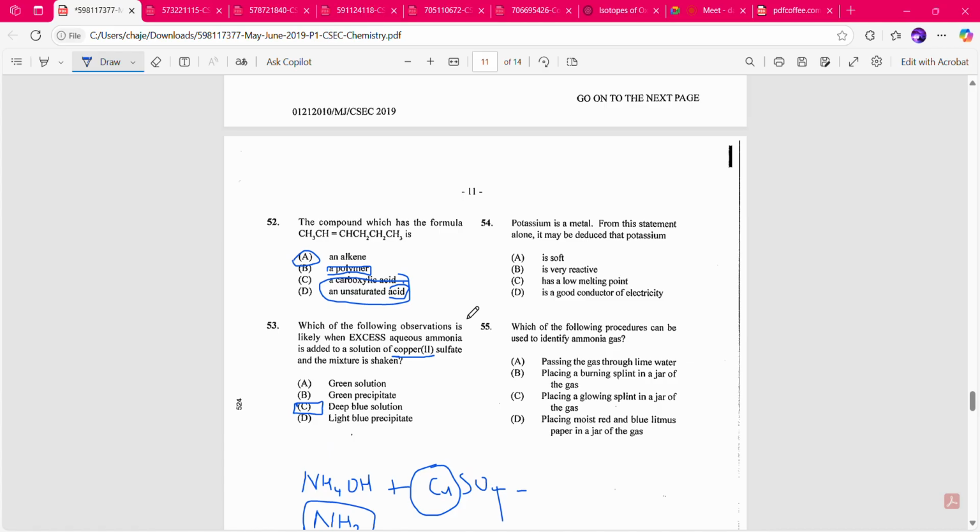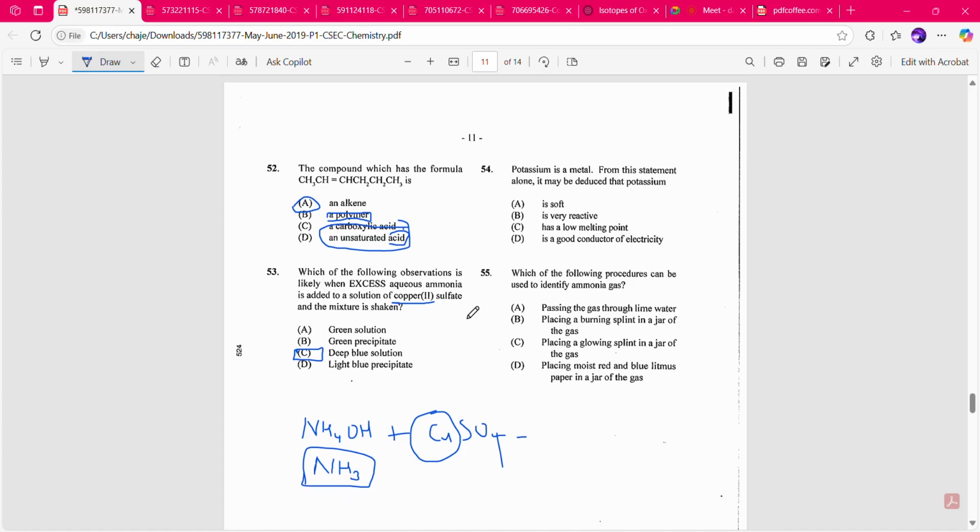54. Potassium is a metal. From this statement alone, it may be deduced that potassium is very soft. I already go with this one. However, it is also very... Alright, they say from the statement alone. Metal. It's a good conductor of electricity, has a low melting point. That would have been wrong.